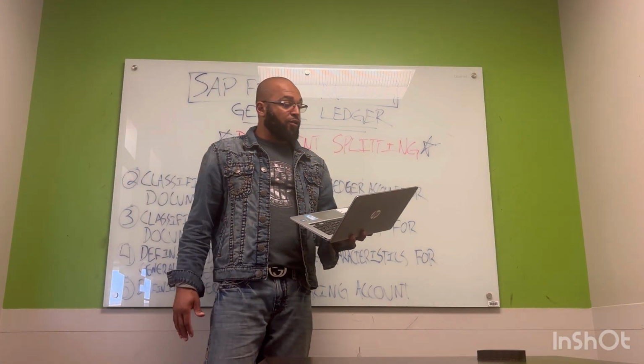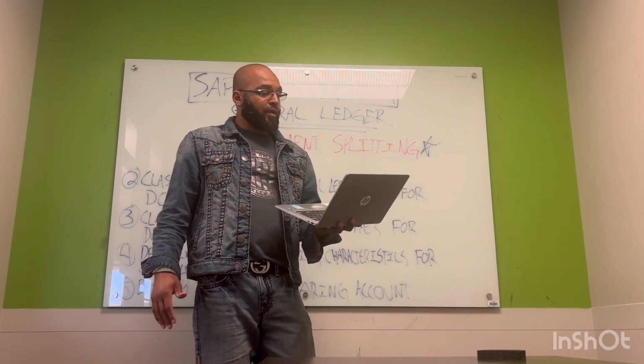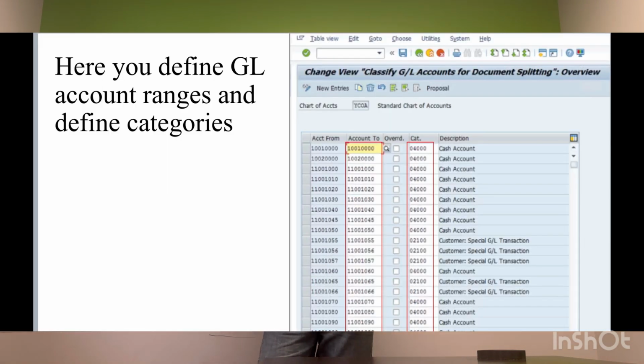When we follow that menu path, it'll lead us to this screen, which I have highlighted here with the red rectangles. Here you define the GL account ranges and define categories.